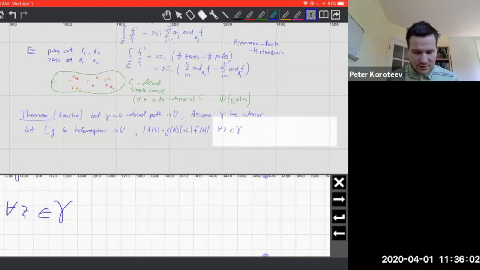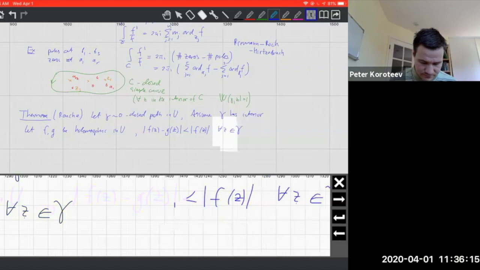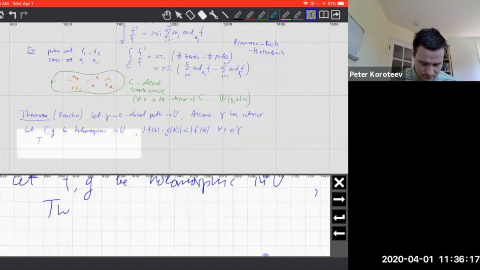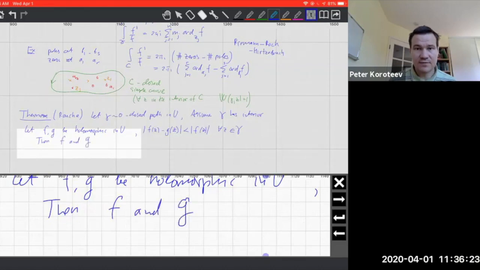Right, so if on that path, one function's absolute value is always greater than the difference between that function and the other function, well then these two functions, f and g, have the same number of zeros in the interior of gamma.